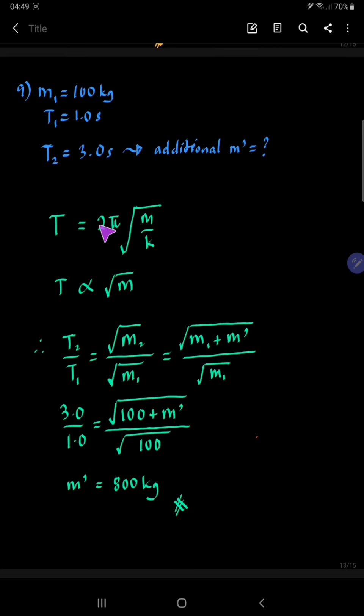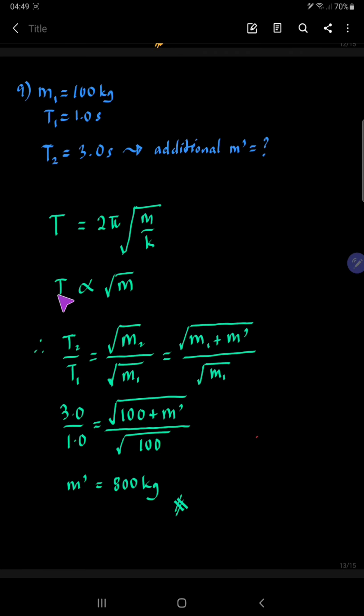What is the relationship between T and mass? They are directly proportional, T and the square root of mass. That is why in this case, they ask you to find the additional mass needed to change the period from 1 to 3 seconds. We are using the same spring, so k is still the same.